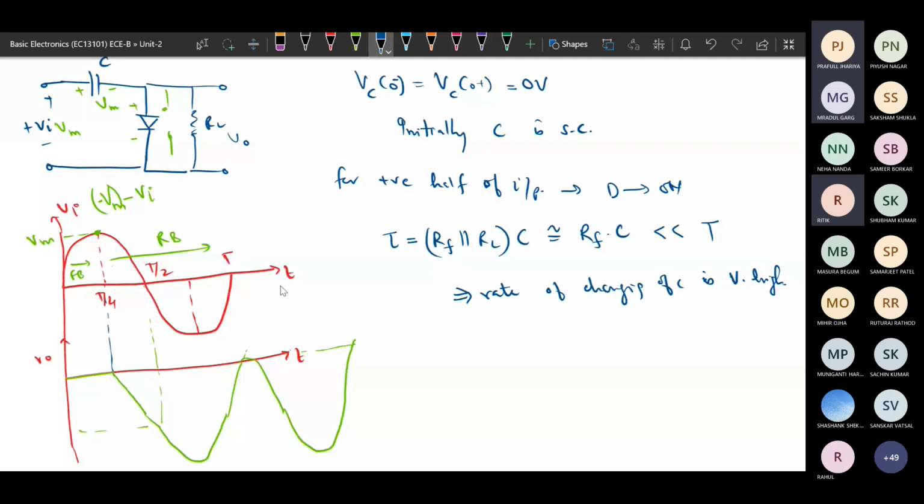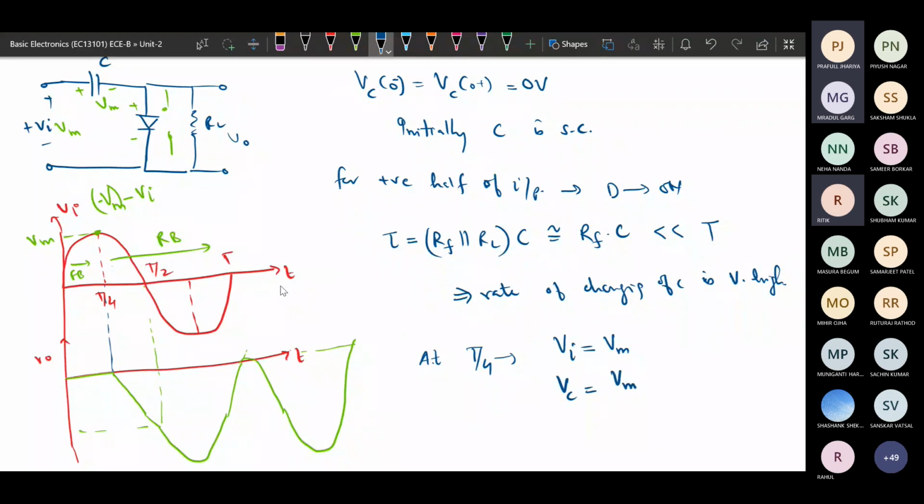Okay. So at t by 4 time period, we have considered V input is nothing but Vm, and the capacitor voltage is also Vm.